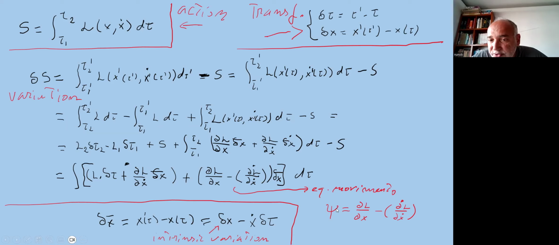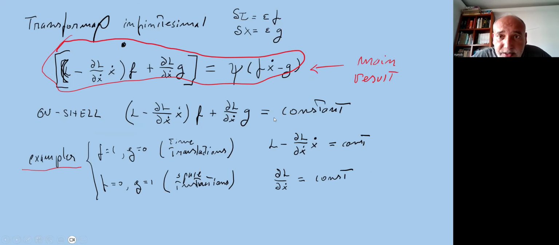So I will call it just this psi, like Noether did in her original paper. So we end up with this thing, which is the main result. If the action is invariant for certain transformations, and here I wrote the transformations in this form, imagine, I'm just simplifying this. I mean, Noether did it, in fact, in full generality, if you read her original paper.